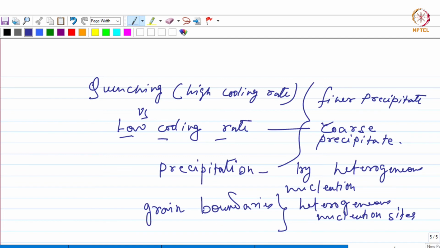And why this happens, as to how this cooling rate decides this, can be understood with the help of a diagram known as the TTT diagram. I suppose you have heard about this.